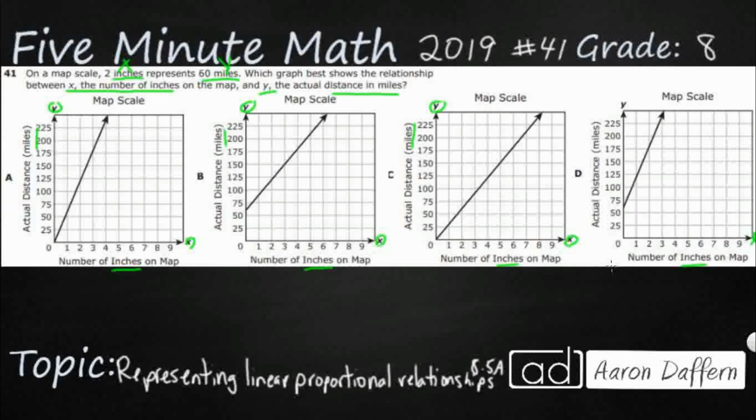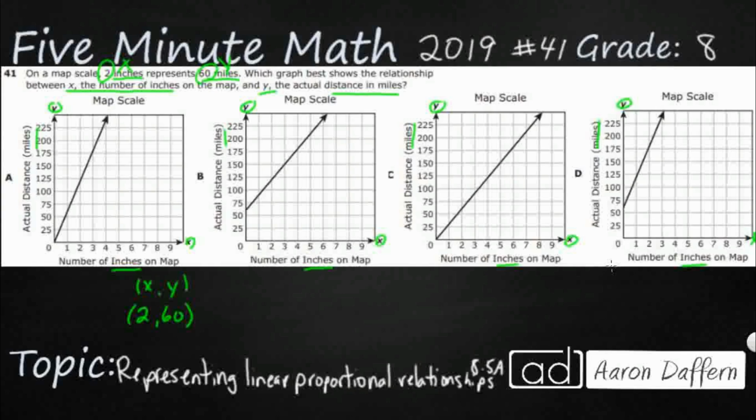All right, so if we wanted to look at this as just a set of x, y coordinates, we can look at it as (2, 60). That's what they give us: the 2 inches and the 60 miles. We can also infer a few other things.